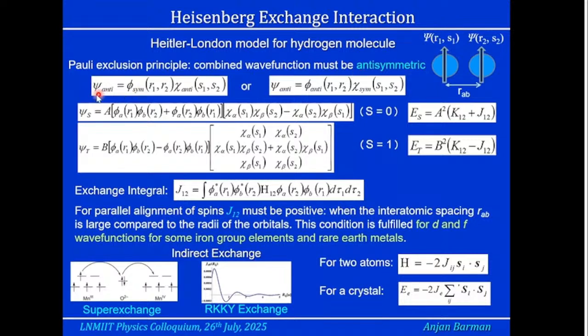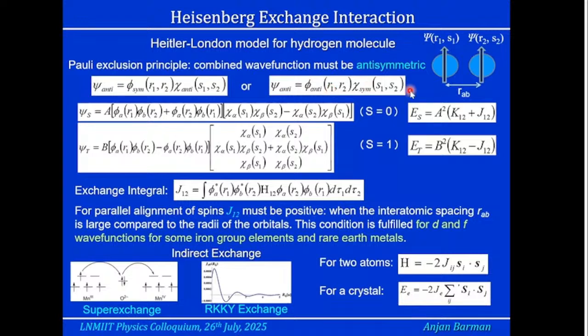Okay, so what is antisymmetric? Chi antisymmetric means that if any of these coordinates are exchanged, the wave function becomes the negative of itself. In order to do that, either the space part is symmetric, phi symmetric R1 R2, and the spin part is antisymmetric, chi antisymmetric S1 S2, or the other way around: the space part is antisymmetric and the spin part is symmetric.